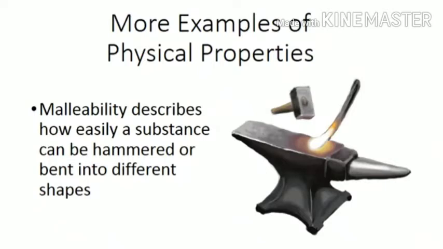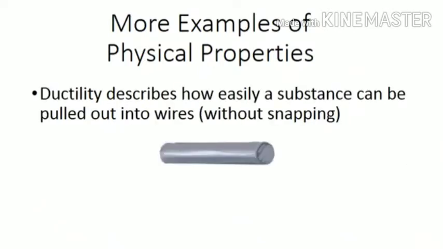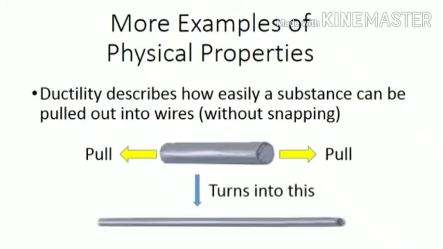Ductility is the property in which the substance can be pulled out into wires without snapping. Snapping means breaking. Without breaking, it can be drawn into wires. This is again a kind of physical property, also discussed in metals and non-metals. You pull it from both sides, you can get thin wires.